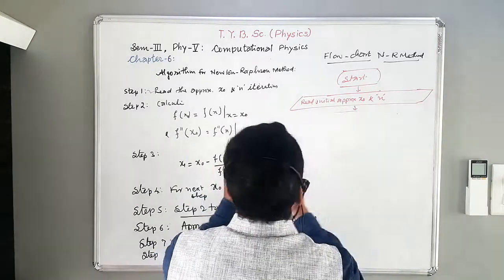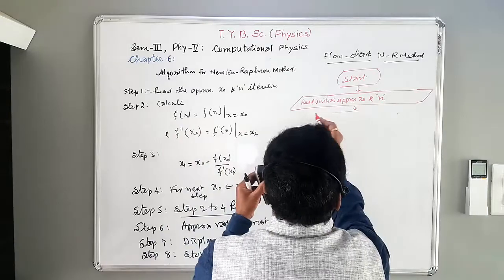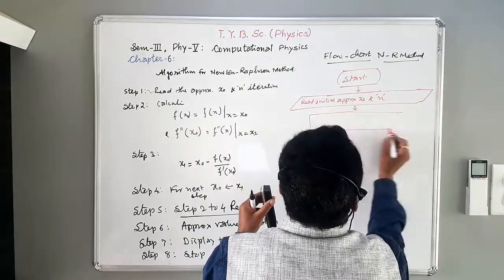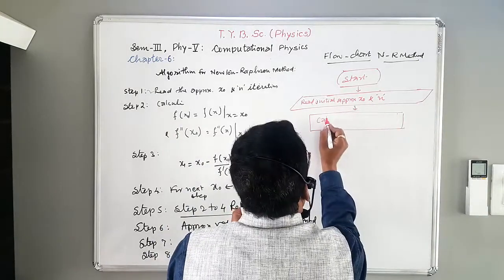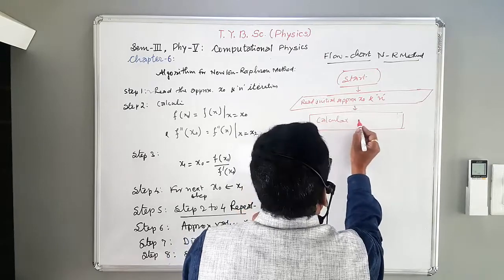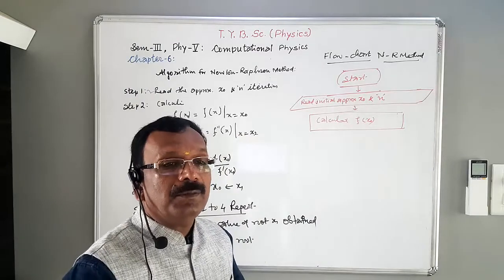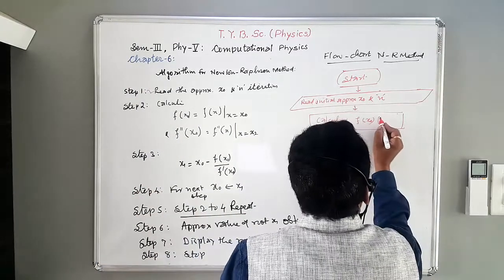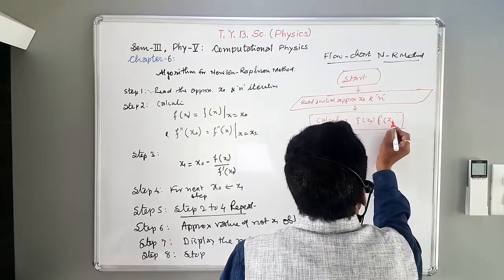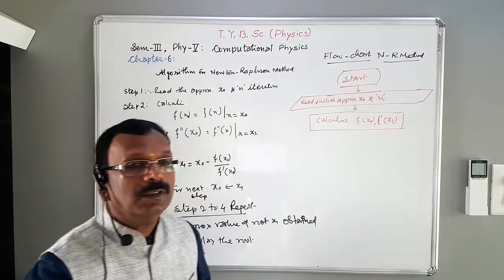In the second block we have to calculate f of x0 and f prime of x0.